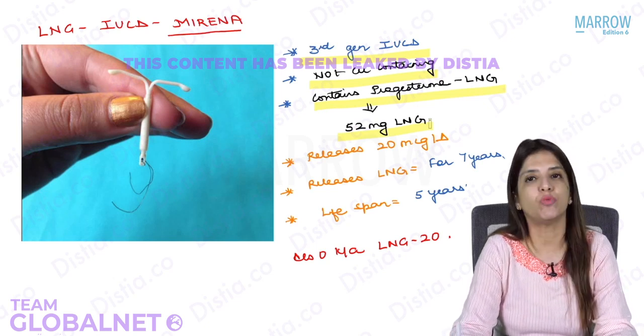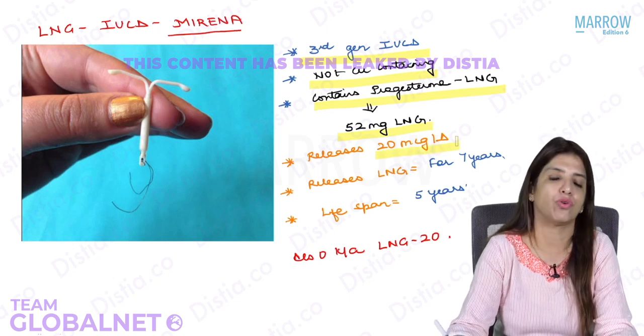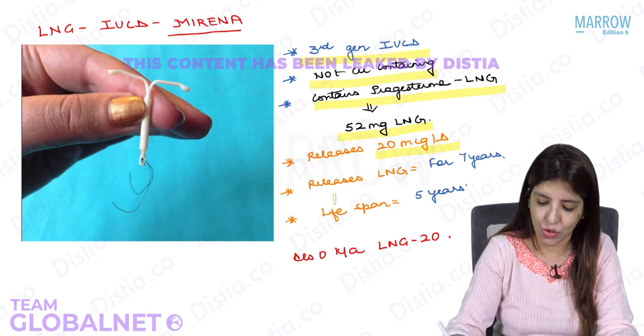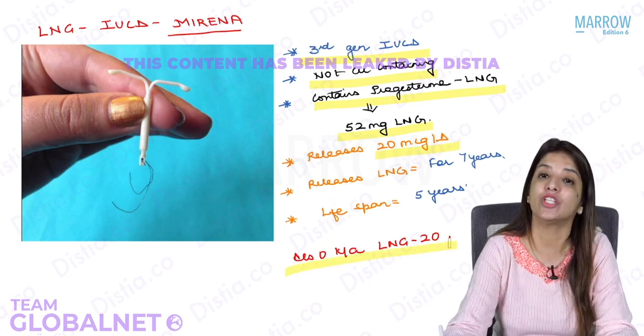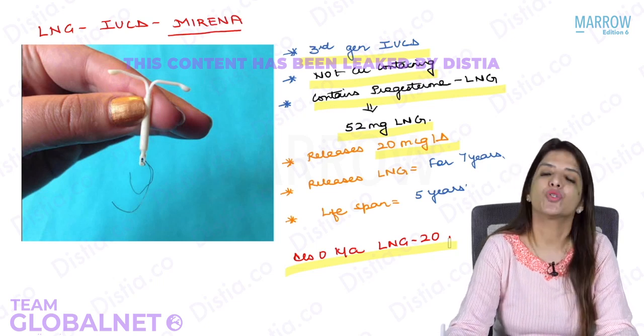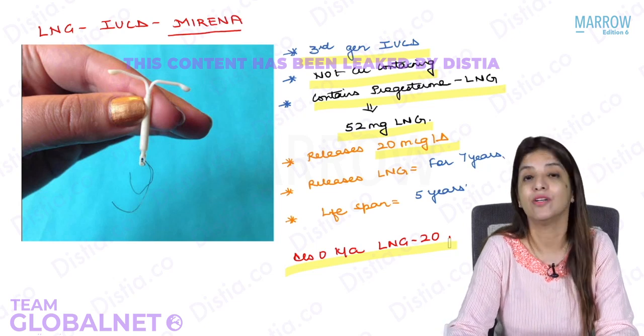Out of this 52 milligrams, Mirena releases 20 micrograms of levonorgestrel per day, and that is why it is also called LNG20, like copper T380A was called Paragard.